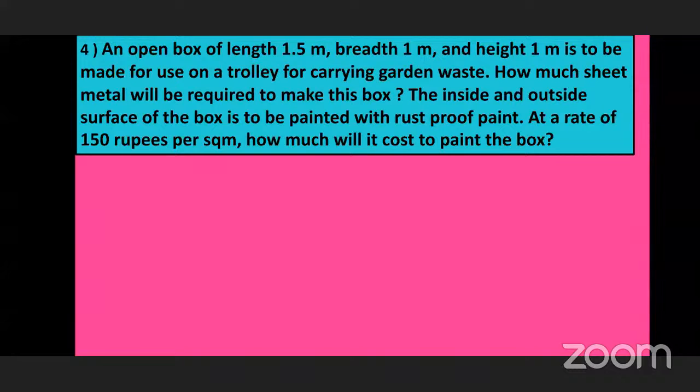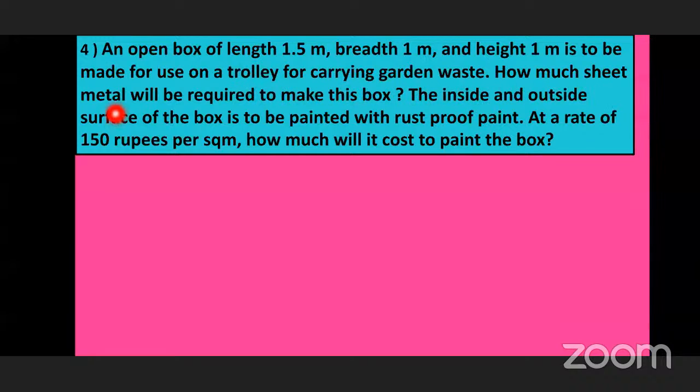I will be reading the question. Listen carefully and try to understand. An open box of length 1.5 meter, breadth 1 meter, and height 1 meter is to be made for use on a trolley for carrying garden waste.